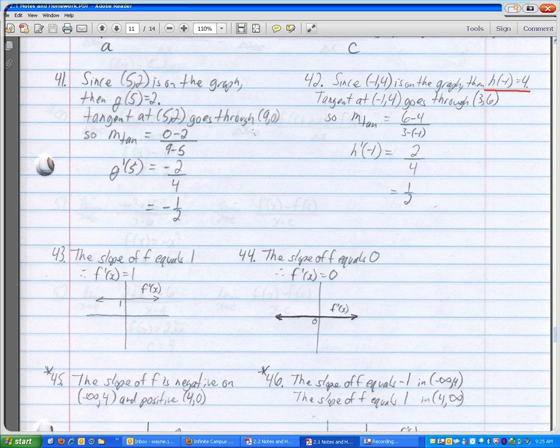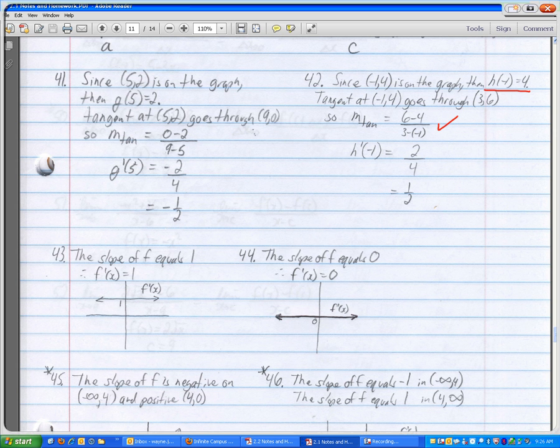With me? All right. The tangent line at the point negative 1, 4 also goes through the point 3, 6. So we can find the slope of the tangent line using the slope formula. That gets us here.